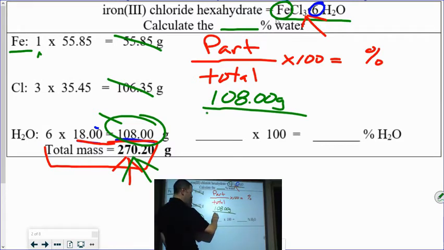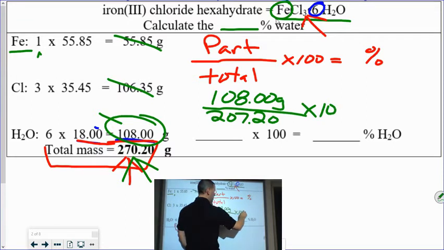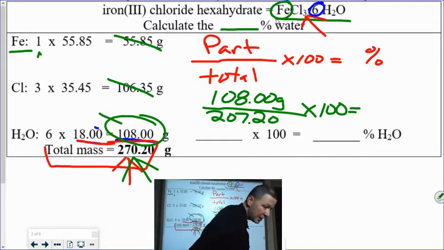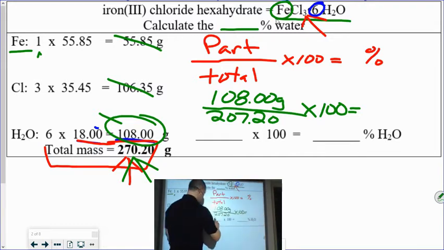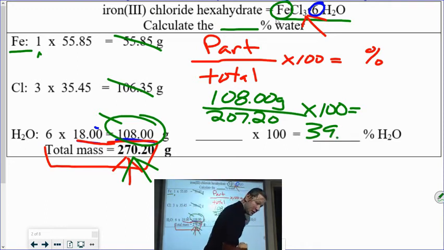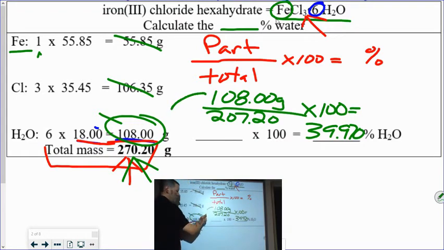That is the total mass. So 108.00 over 270.20 times 100 will equal our percent. If you do that math, you end up getting 39.970% water. And this work is meant to be done right there.